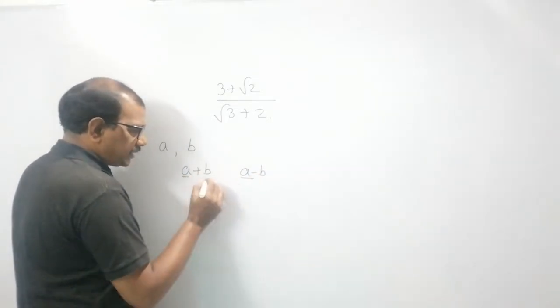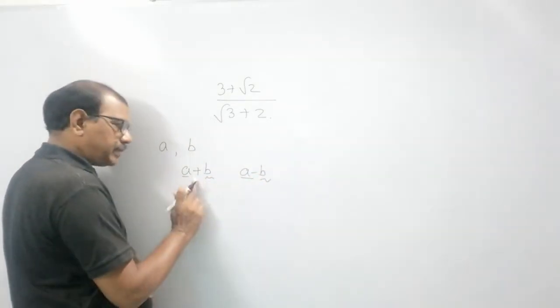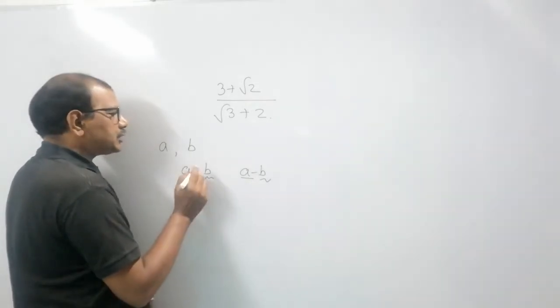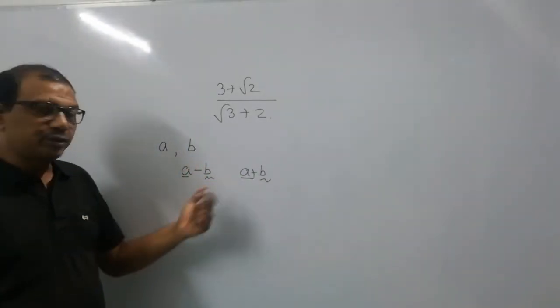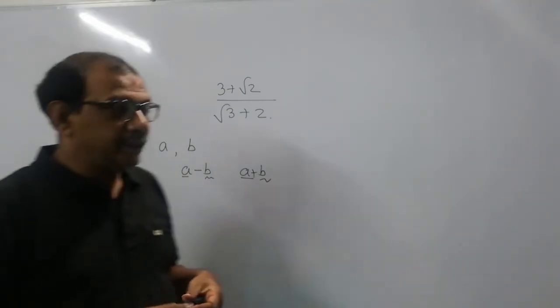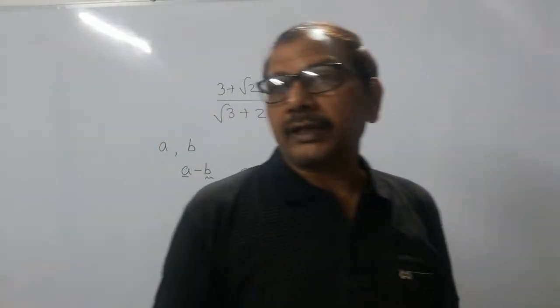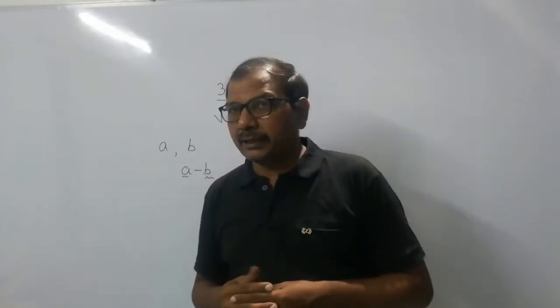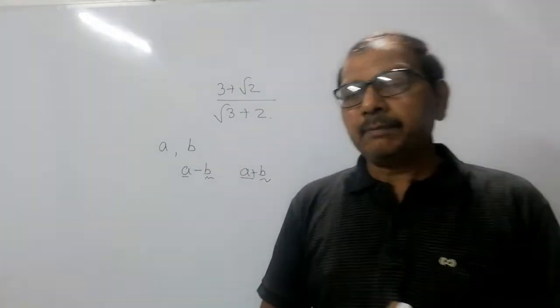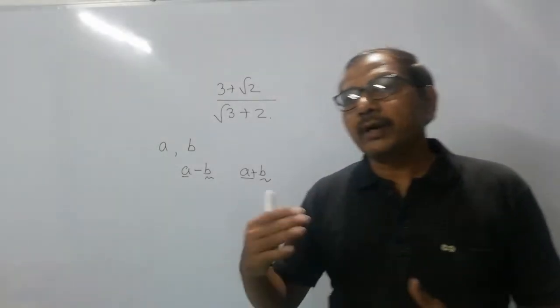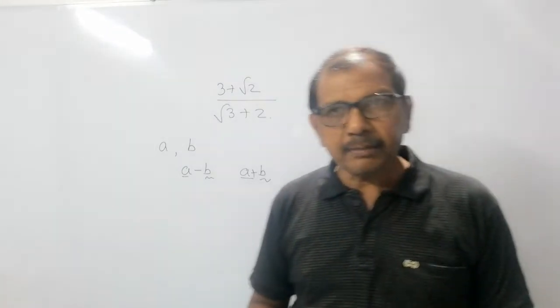The terms remain the same. If it is plus, it becomes minus, and if it were minus here, this would have been plus. So these are called conjugates. Now why should we study conjugates? If I multiply the conjugates, that is a plus b into a minus b, we know this is an identity which we studied in the 8th standard. So a plus b into a minus b is a square minus b square.